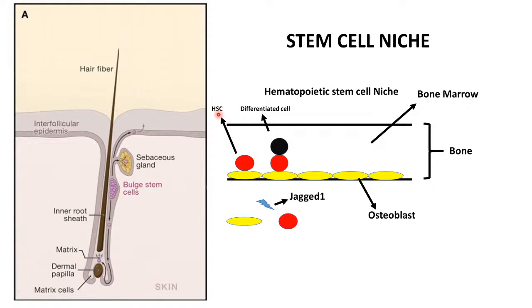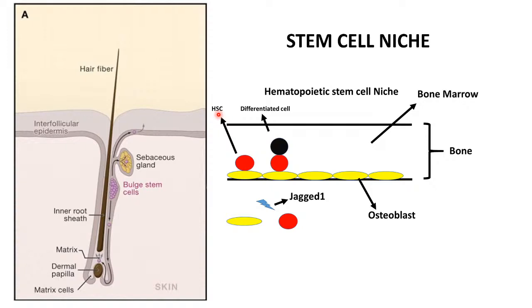What have people done? They have identified a protein or signaling molecule which is very important to maintain the niche. Maintaining the niche means if that protein is available in the culture media, then these stem cells will remain as stem cells. They will not convert into something else. And if you remove this protein from the culture media, they will start differentiating into something else.